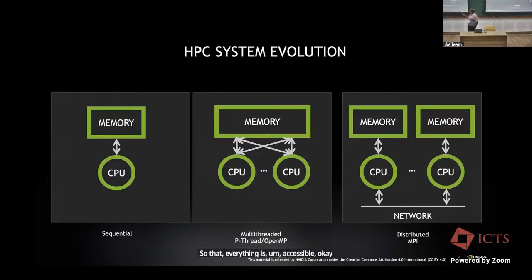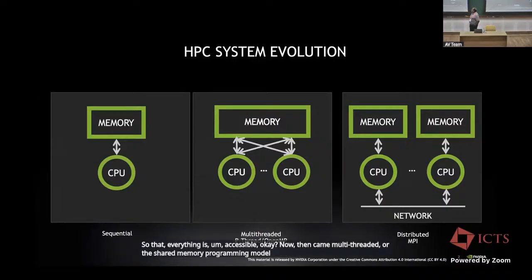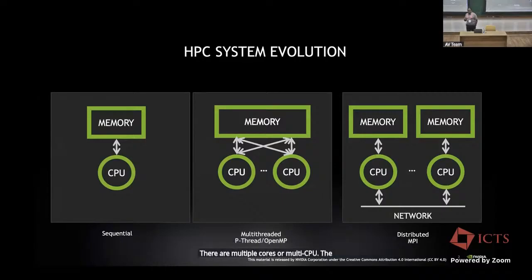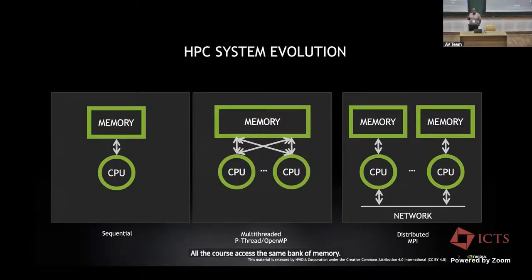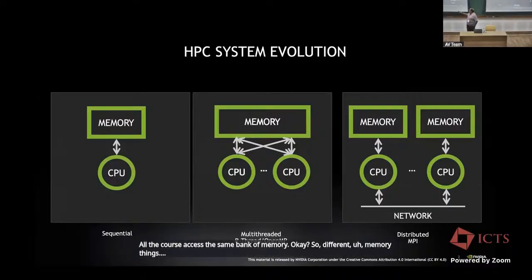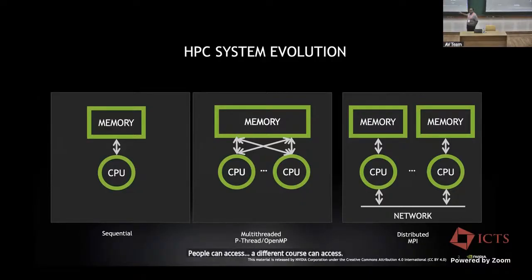Now then came multi-threaded or the shared memory programming model, in which there are multiple cores or multiple CPUs. The normal laptop you have is a multi-core system. All the cores access the same bank of memory. So different cores can access different memory locations, and in some way you can bring in parallelism here.